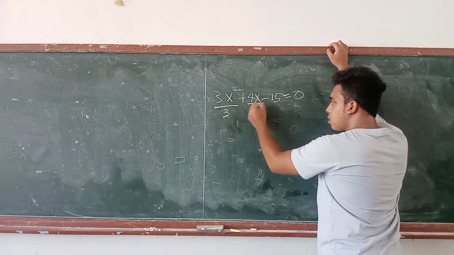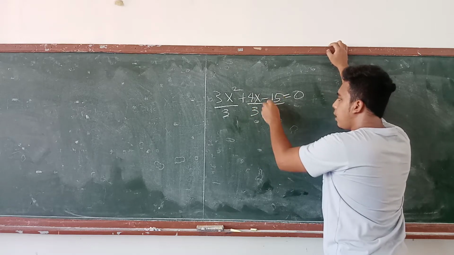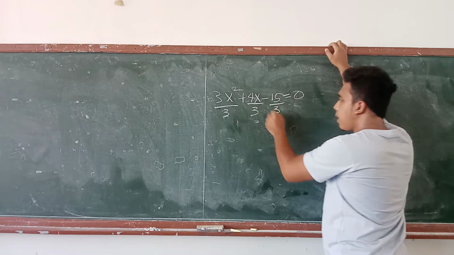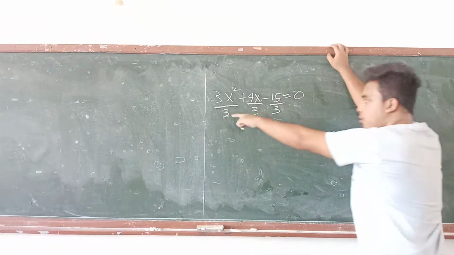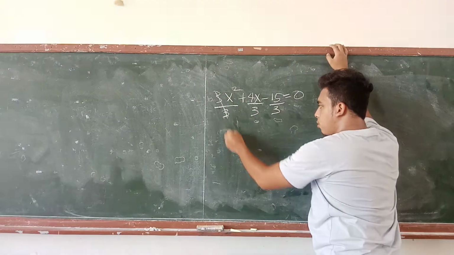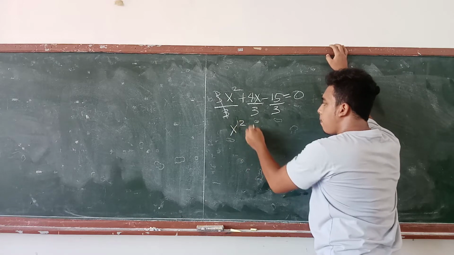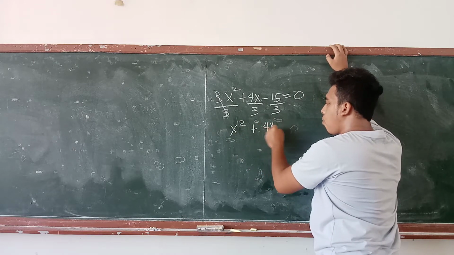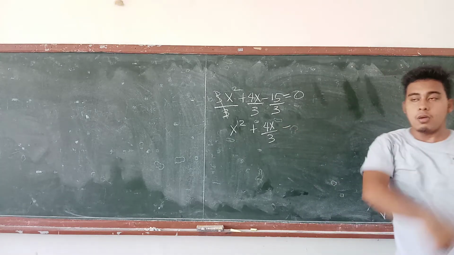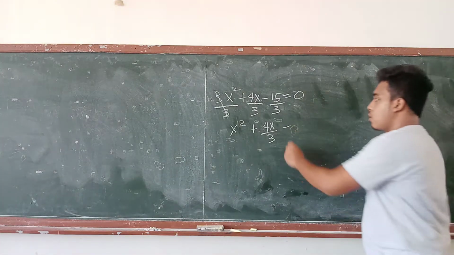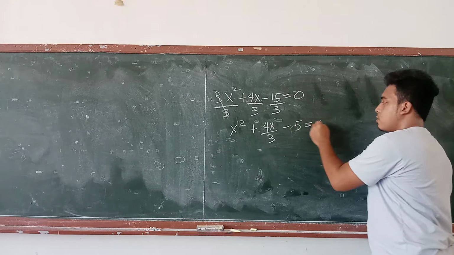Then 4x divided by 3. Then 15 divided by 3. So 3 divided by 3 cancel. So the remaining is x squared plus 4x over 3 minus 5 equals 0.